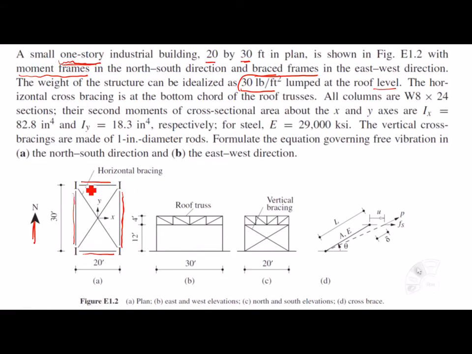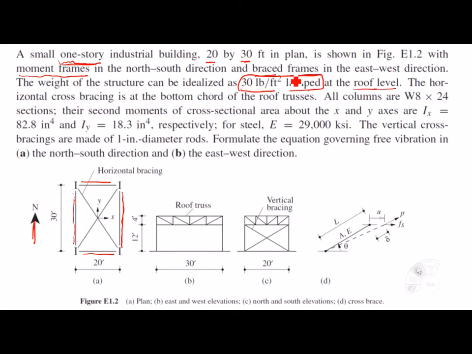This means that to calculate the total mass of the whole roof, we multiply this 30 pounds per square foot times the total area, which is 20 by 30 feet.